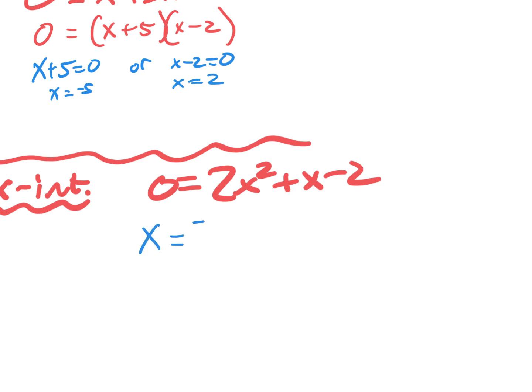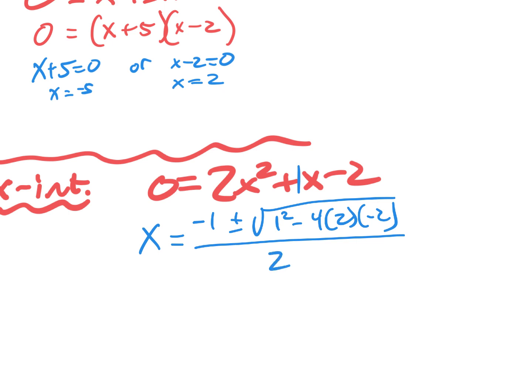So we've got x equals negative b, which is a 1, plus or minus the square root of b squared minus 4ac, all over 2a. Remember that quadratic formula? 2a, and a is 2. And what do we end up with?